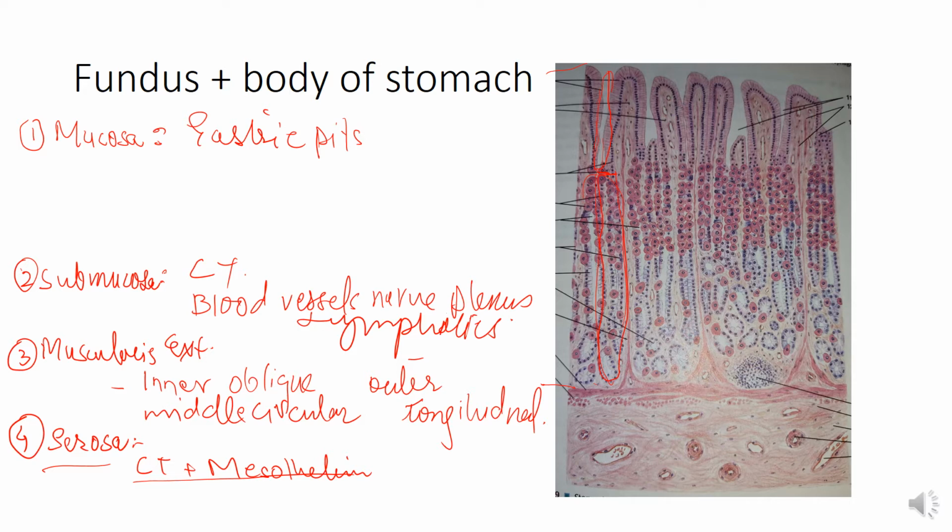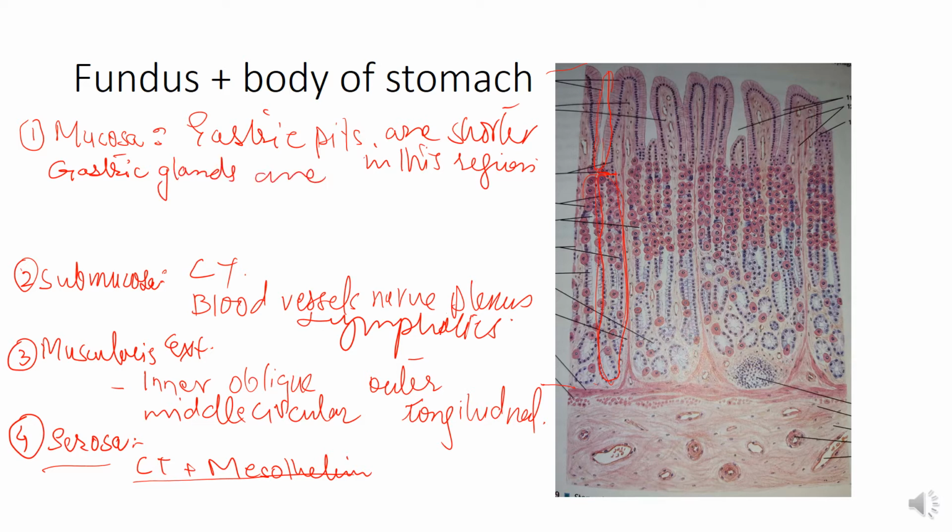So gastric pits are shorter in this region, and gastric glands are longer.